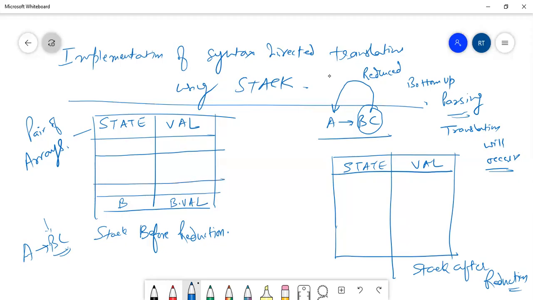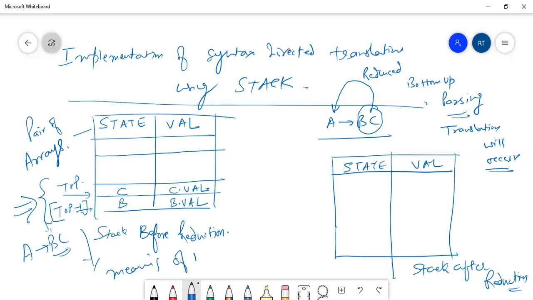Next in the stack is C, with its corresponding value C.val. So this is the top of the stack for the moment, and if this is top, then this is top minus one. These indexes are quite useful when we are defining the meaning of this.